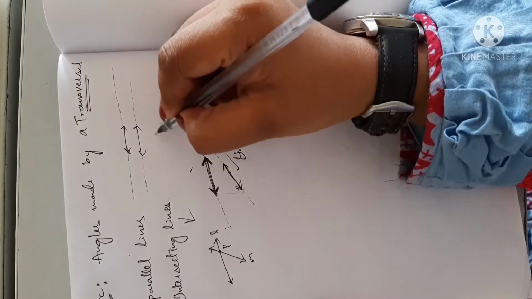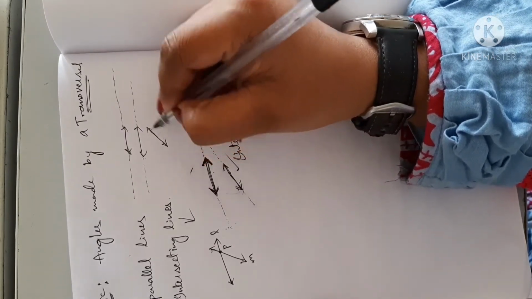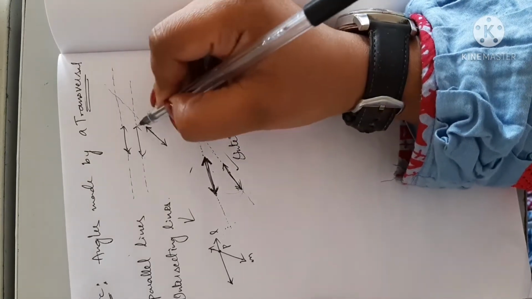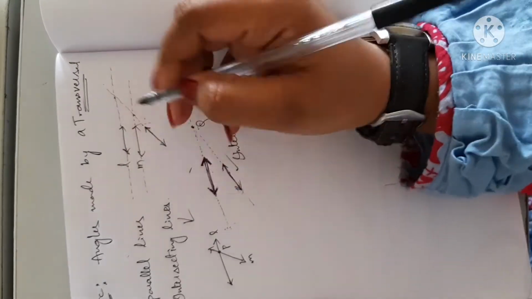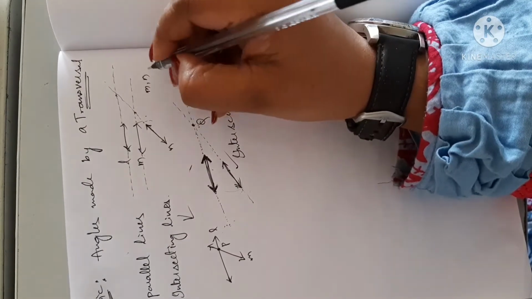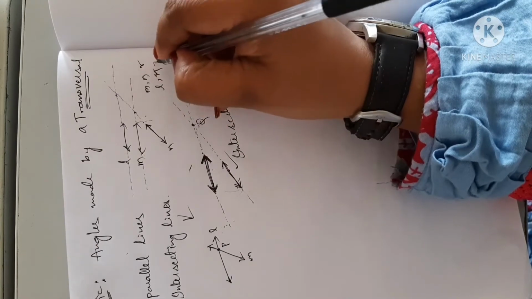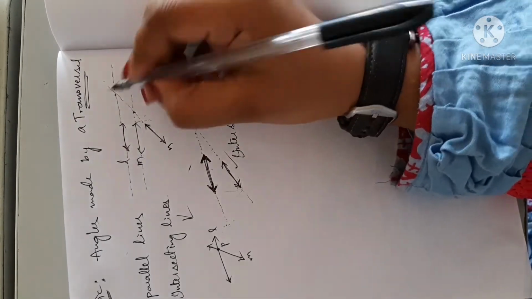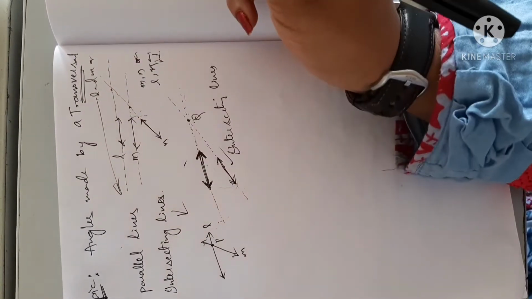If somewhere else a cross line is drawn like this, then these two are called intersecting lines. Whereas L, M, and N: M, N are intersecting lines, or else L, N are intersecting lines, but L and M are parallel lines.